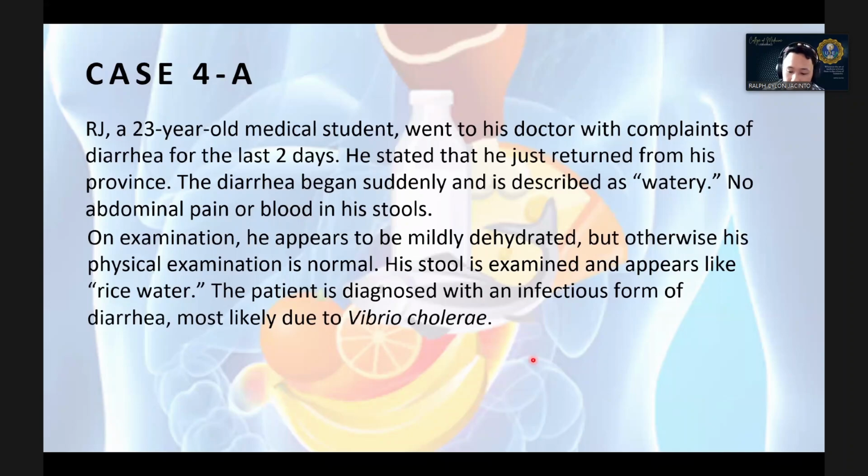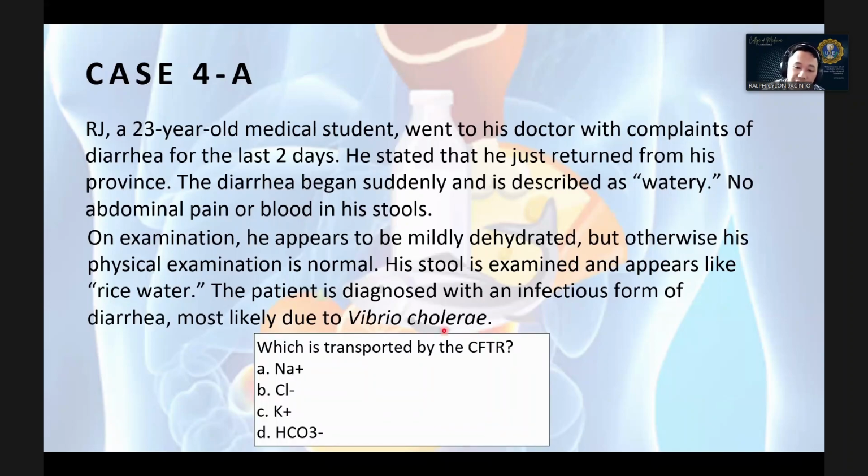Which is transported by your CFTR? Wait lang. So what do you think? Is it sodium ions, chloride, potassium, or bicarbonate? Again, CFTR is the one defective in your cystic fibrosis.